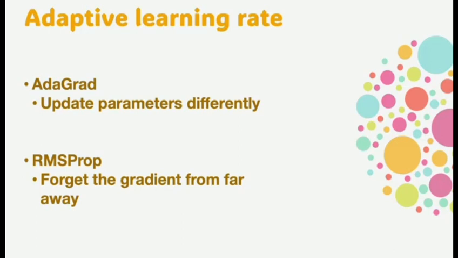But because it uses all the gradients from previous steps, if a model iterates too much, then the learning rate will get too small, near zero.